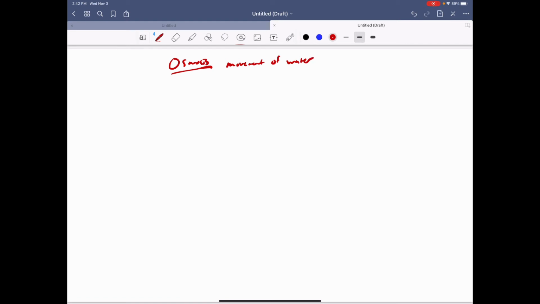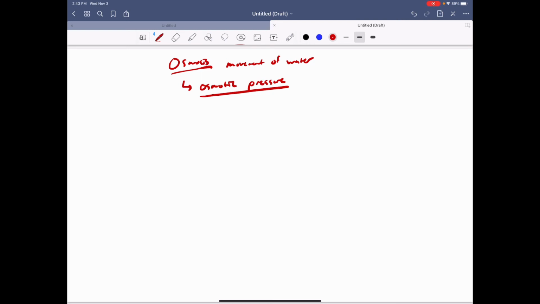So there's a thing called osmotic pressure, okay? Osmotic pressure, okay? And this has to do with solute concentration, right? Sodium ions, solutes, right? So we're going to talk about how this influences the movement of water, okay?